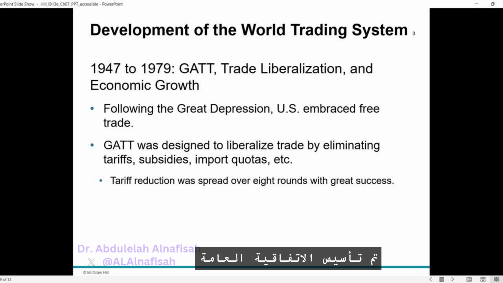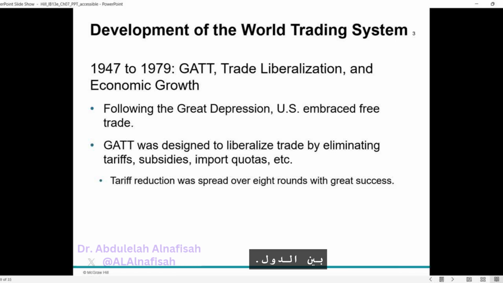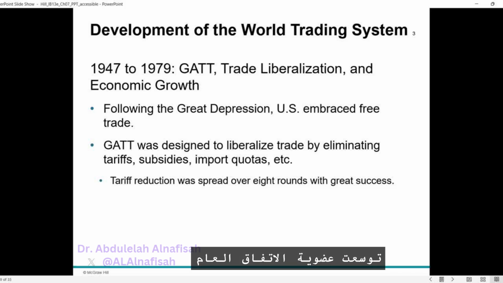Spearheaded by the U.S., the General Agreement on Tariffs and Trade, GATT, was established in 1947 to promote trade liberalization by eliminating tariffs, subsidies, and import quotas among nations. Over the years, GATT's membership expanded significantly, with negotiations held in rounds to gradually reduce tariffs. The Uruguay round, concluded in 1994, marked the completion of this process.